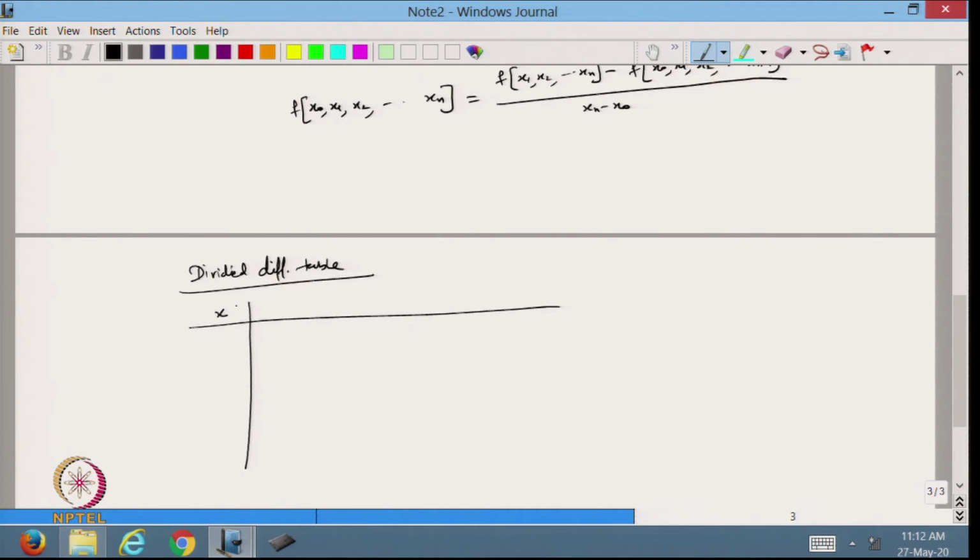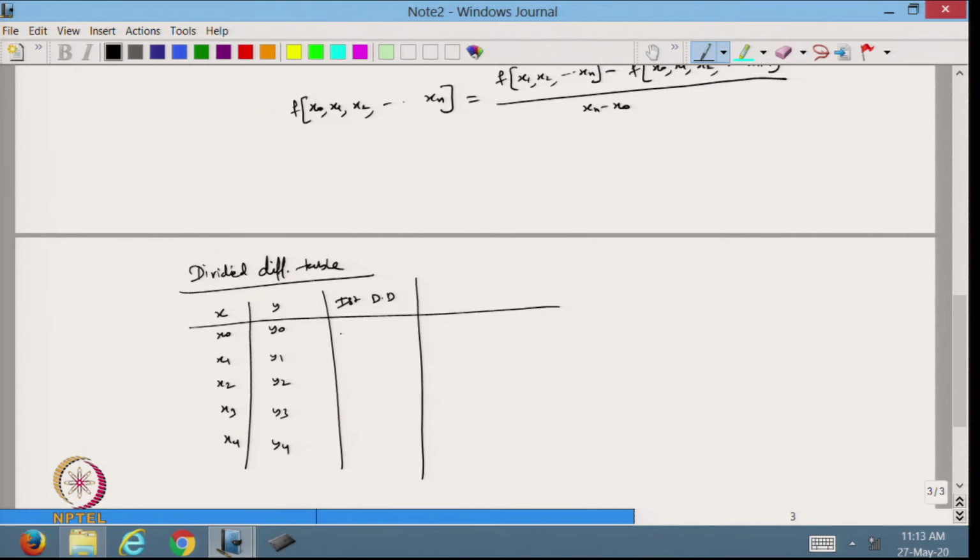So I have the values of x and the values of y that are given to me. So x0, x1, x2, x3, x4, suppose these 5 values are given to me, and these are y0, y1, y2, y3 and y4. So the first divided difference, dd, can be written here.